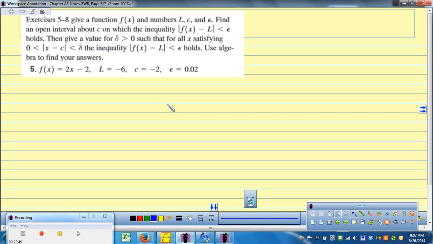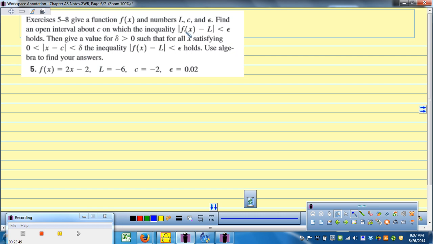All right. Now, on this one, here's where we're going to go through and find our delta given some numbers, given a function, and given epsilon. So it says, this should say given a function f of x, and numbers L, C, and epsilon. Find an open interval about C on which the inequality, absolute value of f of x minus L is less than epsilon holds, and then use that to find the delta that makes our second part of the definition hold.